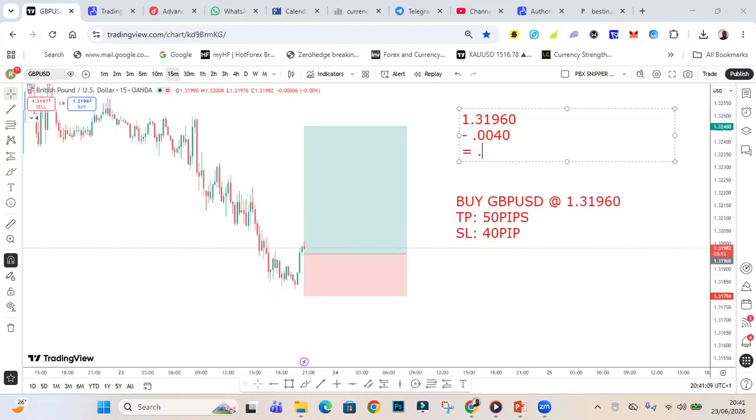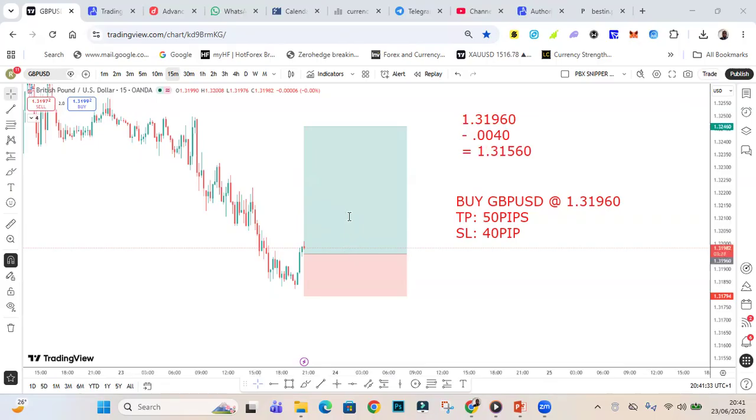So we'll be bringing back the 3, 1, then 5, 6. We bring back the original 0. Then we now put the 1, which is the whole number here. Okay, so this is 1.31560. So that's our stop loss.